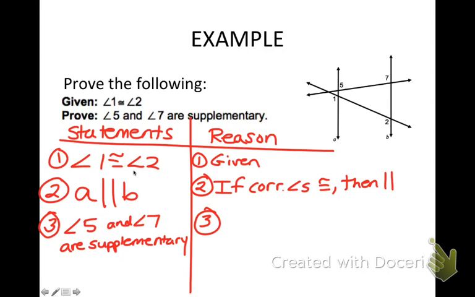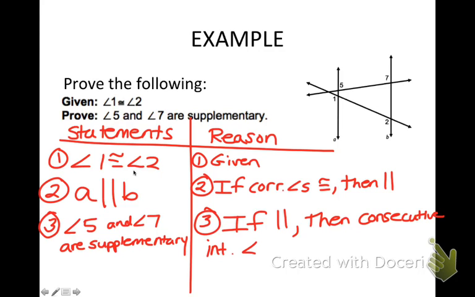We talked about parallel lines, so that should be in my hypothesis. So if parallel lines, then consecutive interior angles are sup. And then we proved it.